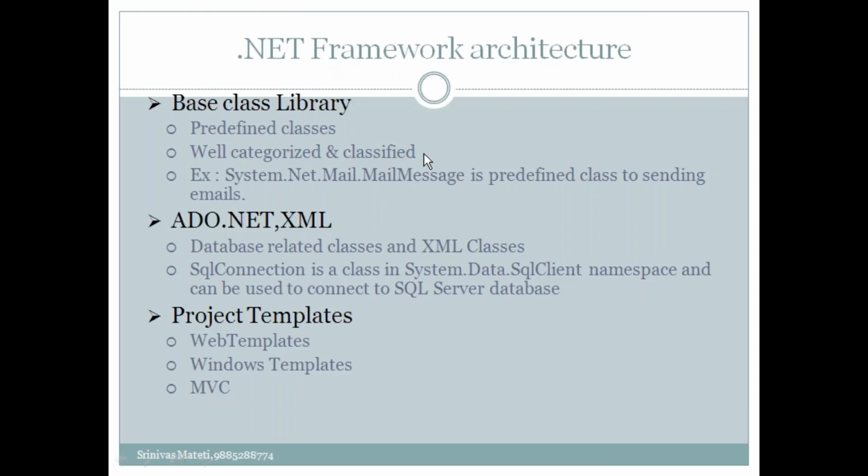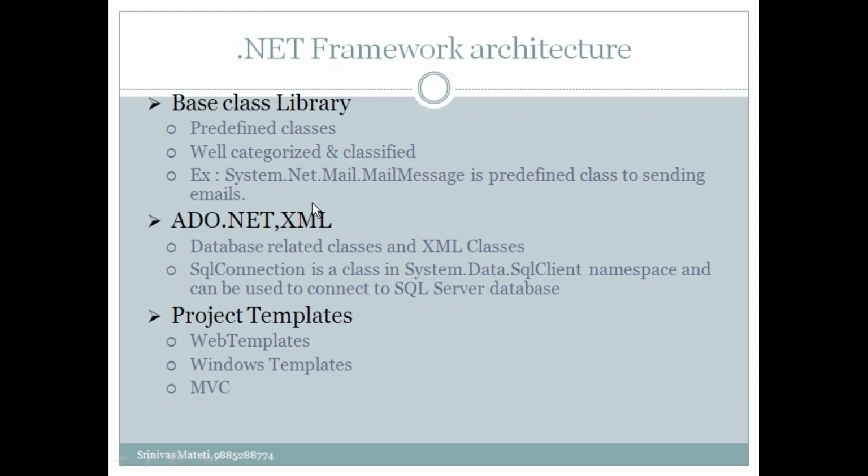All these classes have been well organized into different namespaces, so that we can use the namespace when we want those classes. Here are examples of some namespaces: System.Net, which contains all internet related classes, and System.Net.Mail, which contains predefined classes for sending emails.